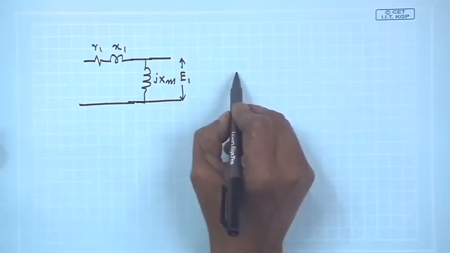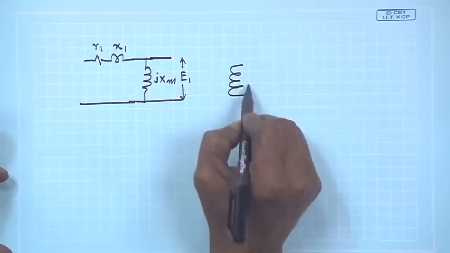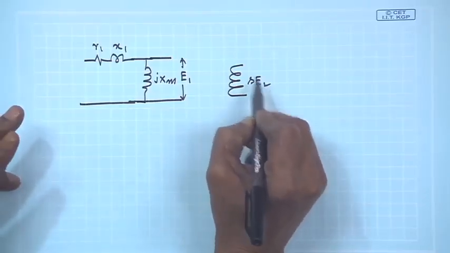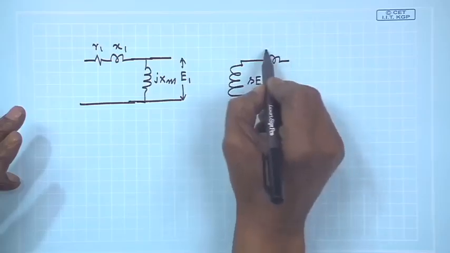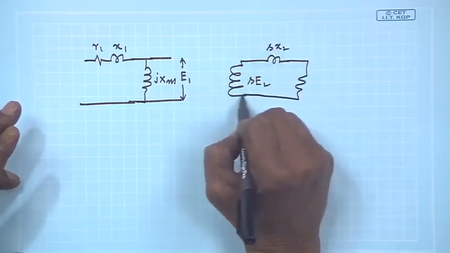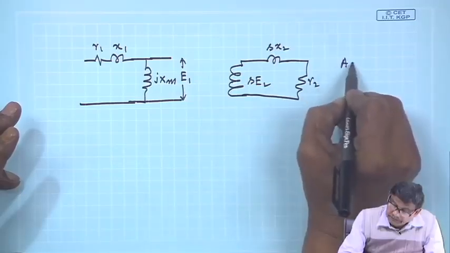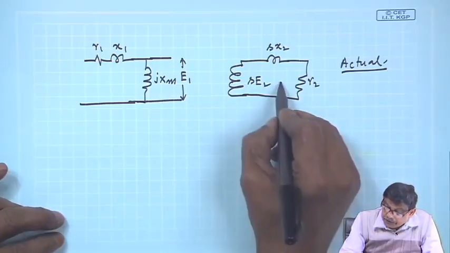On the rotor, the actual rotor, it was E2, it was SX2 and it was R2, actual machine, and its frequency was SF.